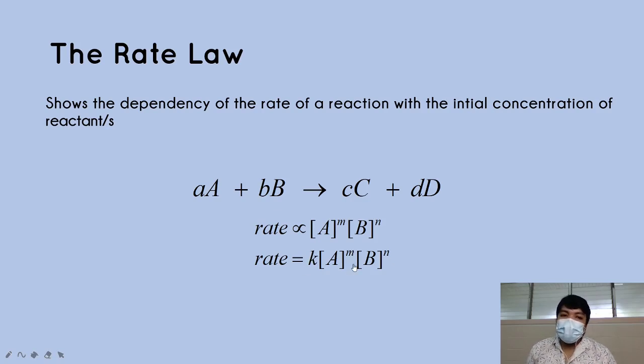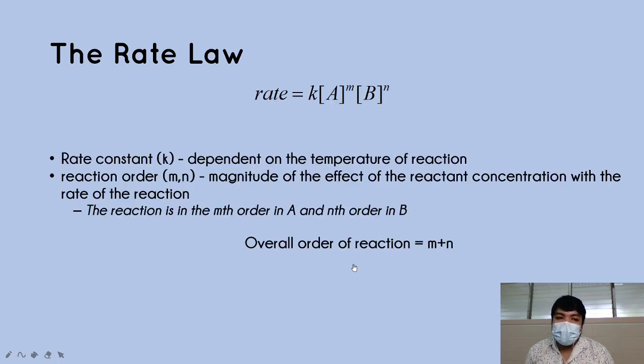And now let's examine the properties of our rate law. The rate law has a constant. By definition, constants are intensive properties. That means they do not depend on the amount of the substance, or in this particular case, the initial concentrations of your reactants. They depend, however, on the temperature of the reaction.